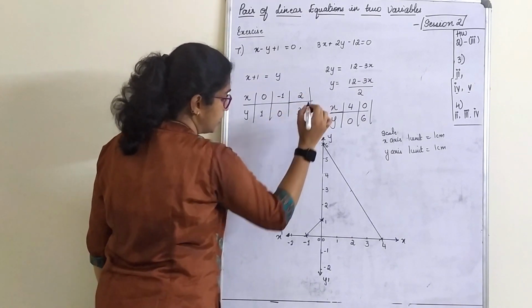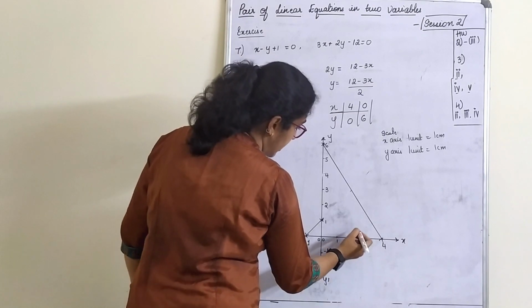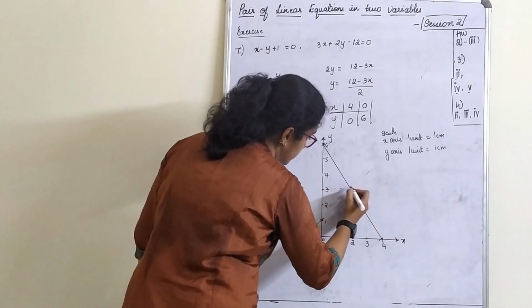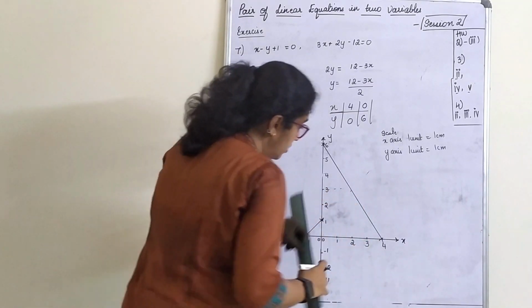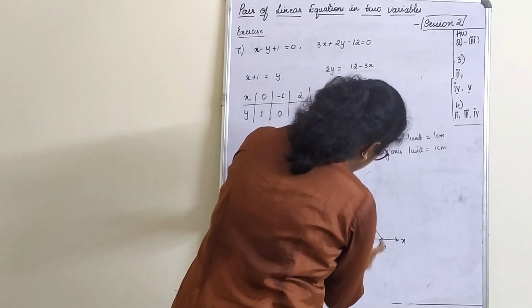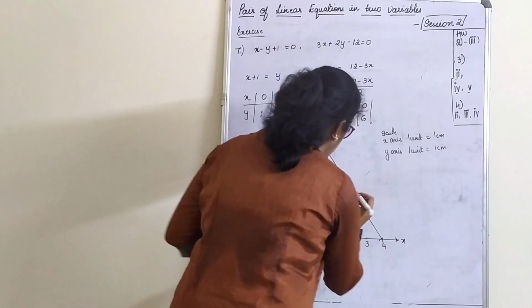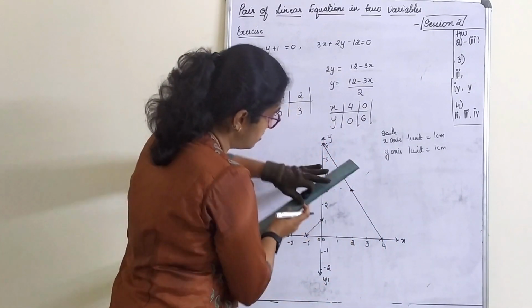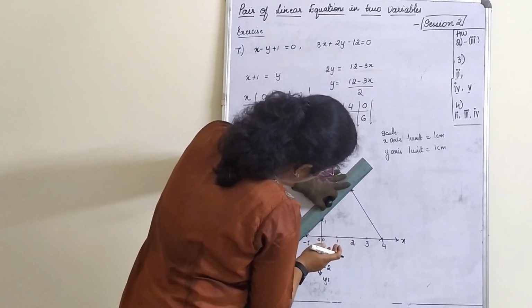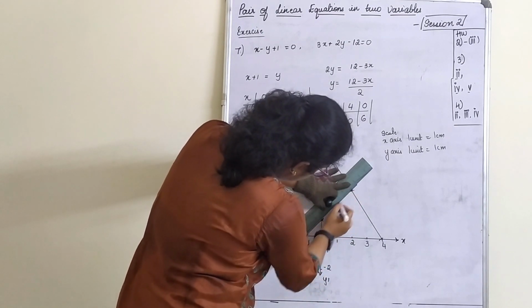Let's take one more value. x is equal to 2 and y is equal to 3. Somewhere here it comes. You will know, children, where to plot it and where that line should come. Yes, it's exactly coming on this. So it's better for me so that I can plot this very easily.